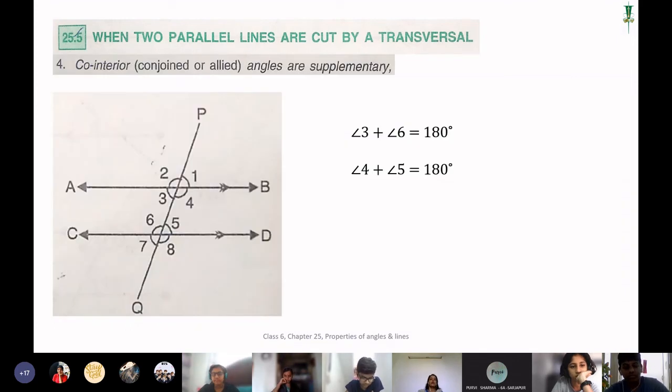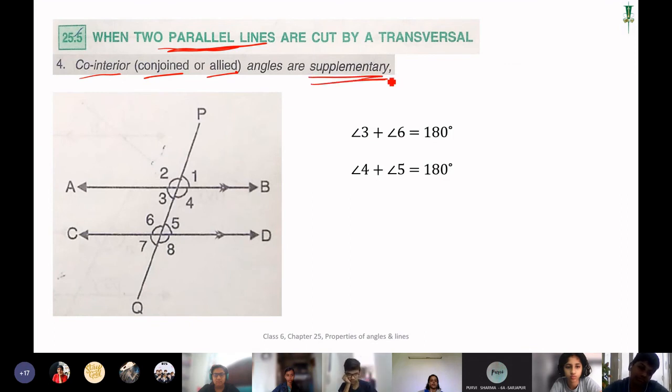When two parallel lines are cut by a transversal, what else happens? When two lines are cut by a transversal, you get co-interior, conjoined, or allied angles. But when it is cutting two parallel lines, they are supplementary. In this case, which are the allied or conjoined pairs? 3 and 6, and 4 and 5.